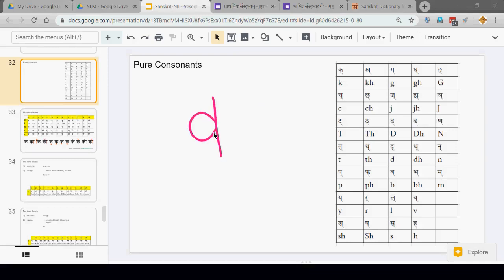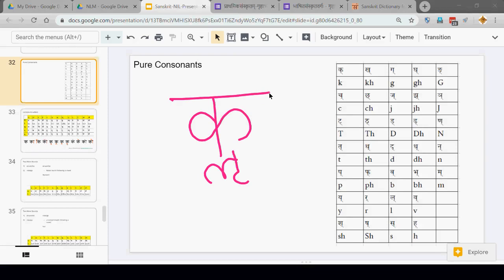So first write the base, and then write the entire ru vowel symbol at the bottom in a small size.